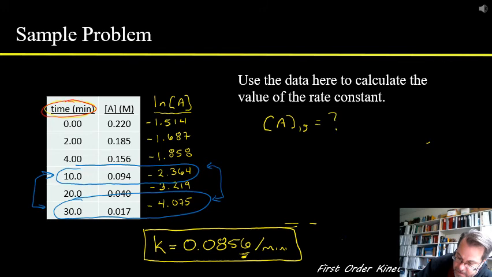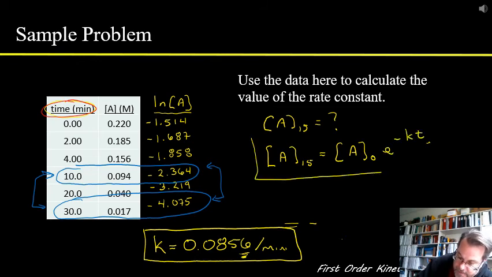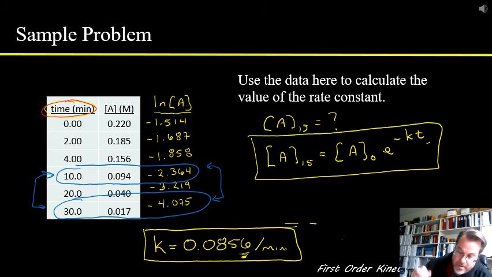So if the second part said, what's the concentration of A at 15 minutes, then you could just go back to the equation that we had yesterday. Because we've got the initial concentration, that's right here, 0.22.